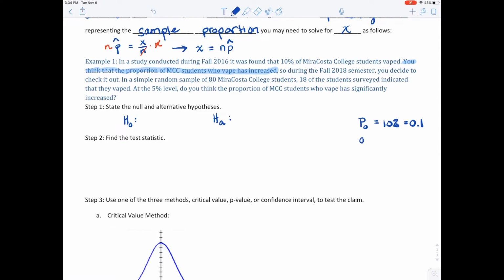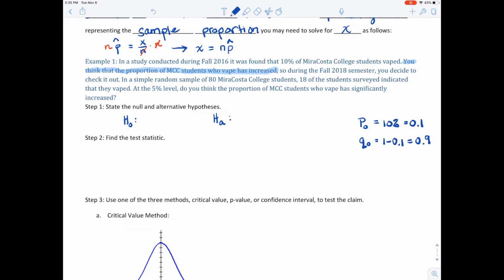That's going to make Q0 equal to 1 minus 0.1, which is 0.9. Good so far? All right, so let's go back and do our null and alternative hypotheses. So we think this is increased. Well, we're doing this comparison to the null.